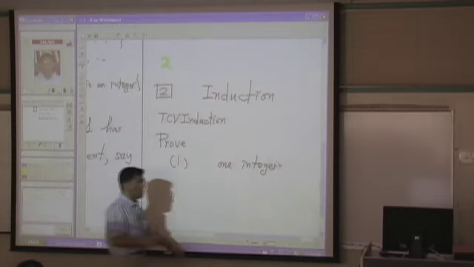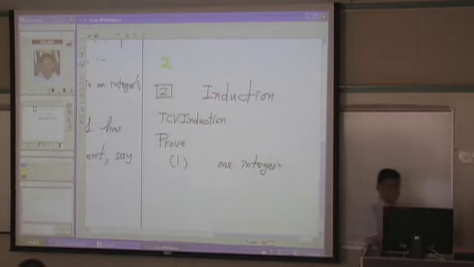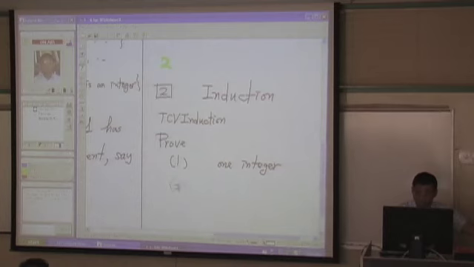And second thing that you need to prove is this one. If the statement is true, right? If the statement is true, I will write a little bit detailed description. If it is true for k, then it should be true.